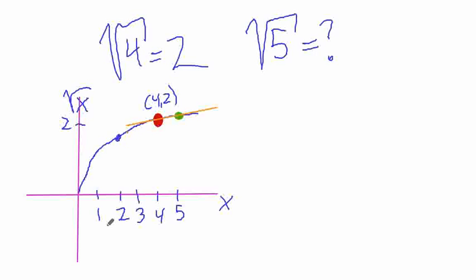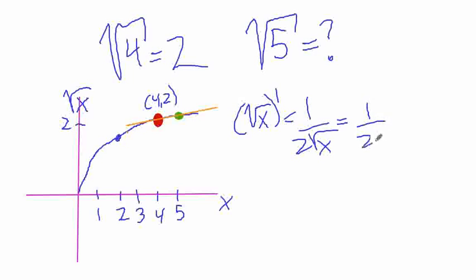So let's get the tangent line to the square root function going through x equal to 4. The derivative of the square root function is 1 over 2 root x. If I plug in 4, I get 1 over 2 square root of 4, which is 1/4.